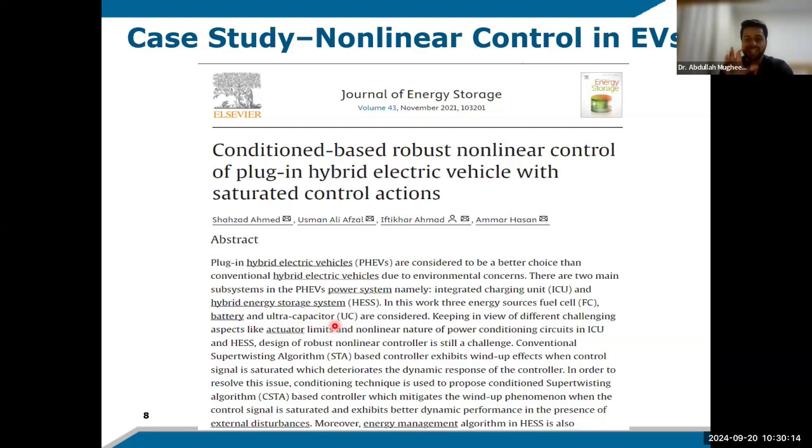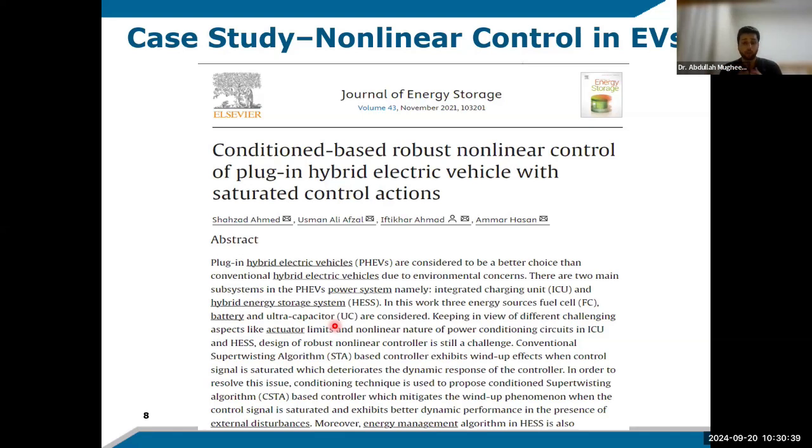So this person designed a system that used three sources: the fuel cell, a big battery bank, and an ultra capacitor. You can't just directly plug a fuel cell into the electric vehicle. You need to stabilize the voltages and bring them to the level that the electric vehicle wants.